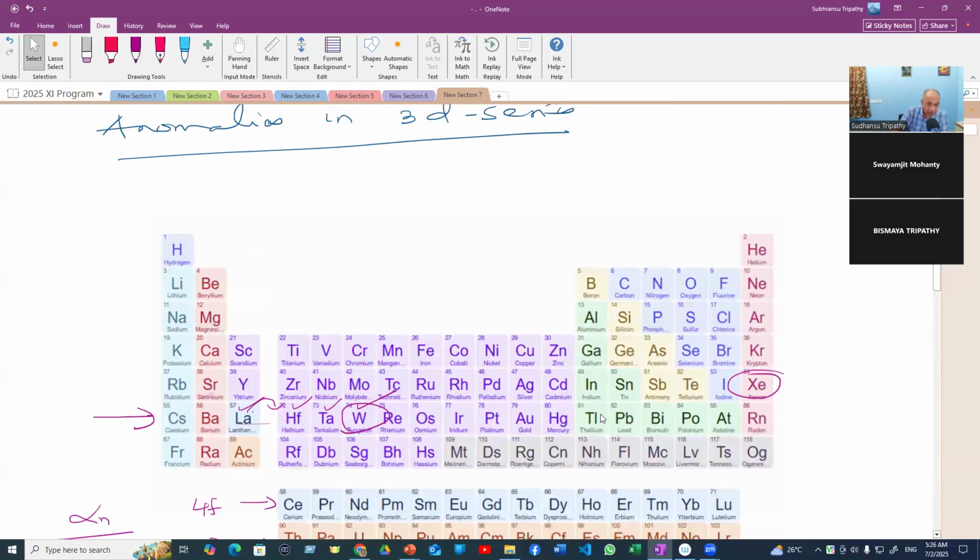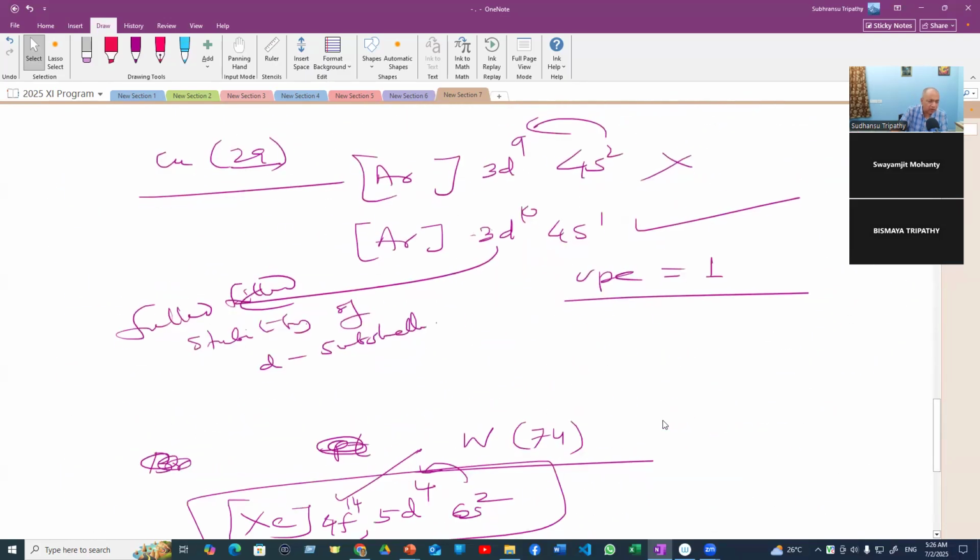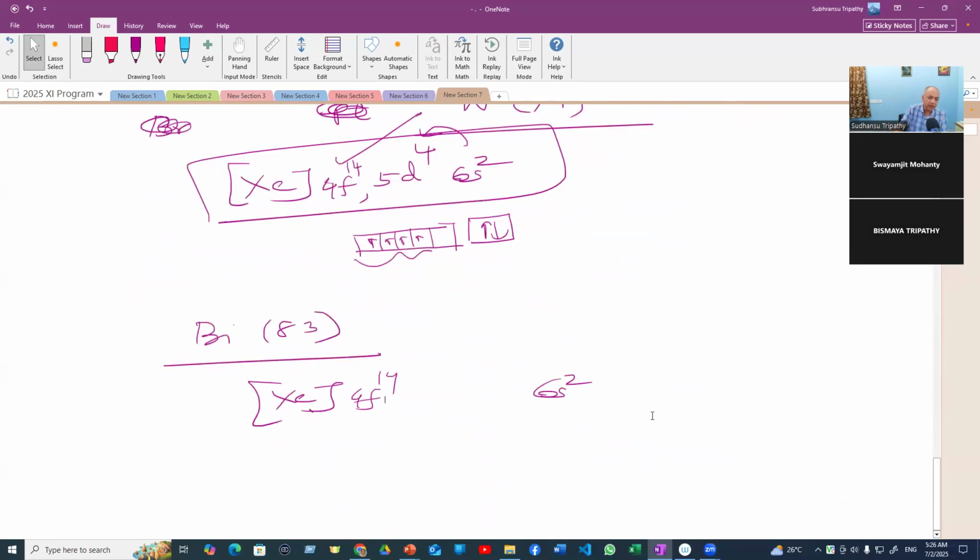Then you count 6p, 1, 2, 3, just counting. If you have the periodic table in front of you, then you can count. Then 4f14, 5d10. Then you have to come here, 6p. Don't write here because 6p has a higher energy than 6s. That is the penetration effect that we already know.